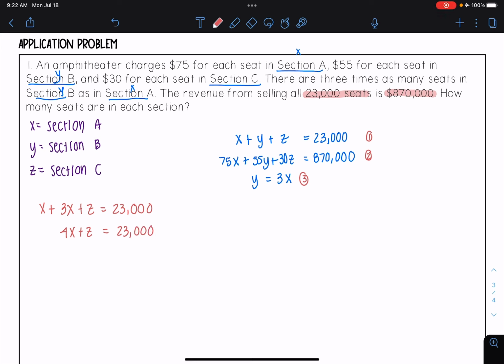And then substituting into the second equation, I have 75X plus 55 times 3X plus 30Z is equal to 870,000. 55 times 3, I get 165.